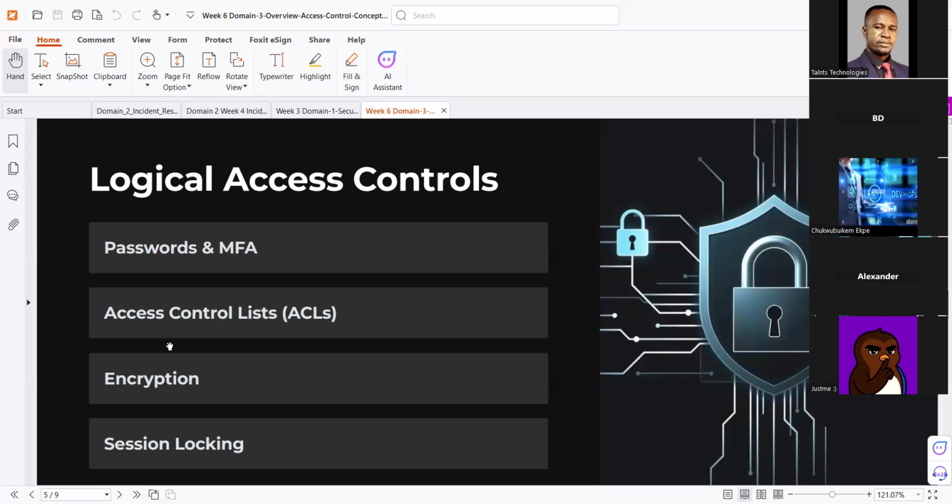What about access control lists? Have we heard about access control lists?